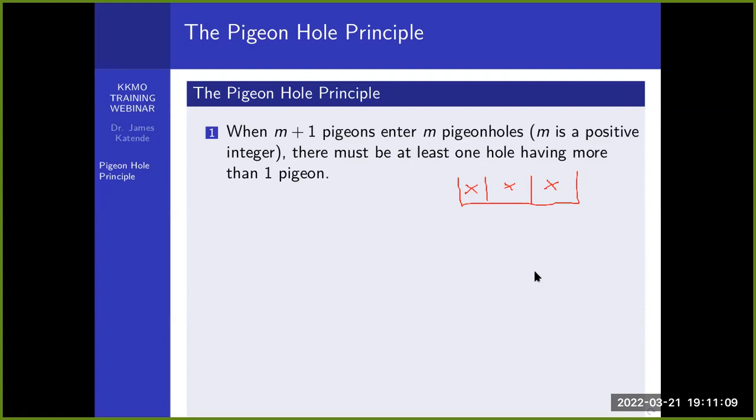After I've spread out the first 3, I still have one extra pigeon, and I only have 3 boxes. So that extra pigeon must go into one of these boxes, and you'll end up with this box having at least 2. So one of the boxes has more than one, at least. If you have m plus 1 pigeons and m pigeonholes, this is always possible.